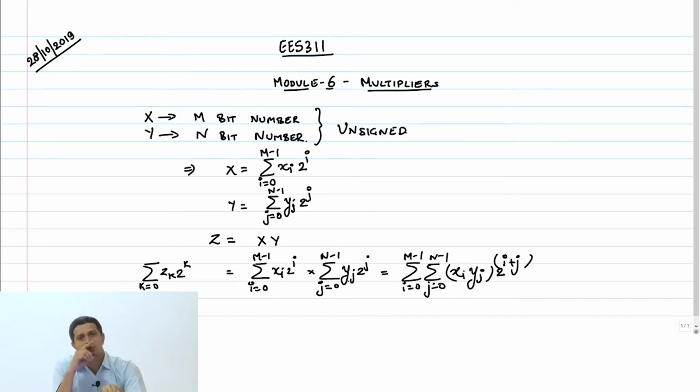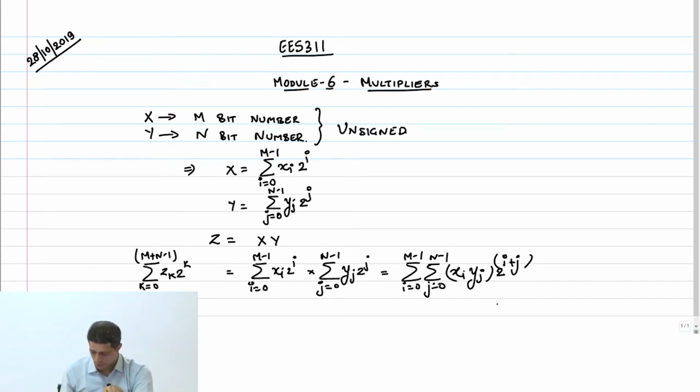And what will be the maximum value? m plus n minus 2. But you will find that there is also a carry that comes because you are doing an addition, and you could get at most one extra bit there. So this will become m plus n minus 1.